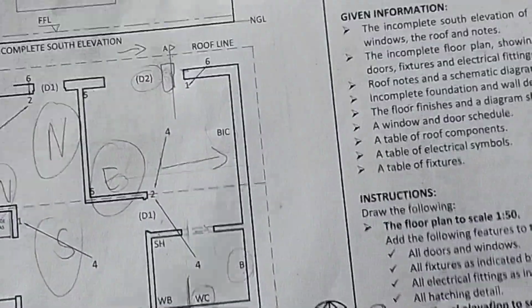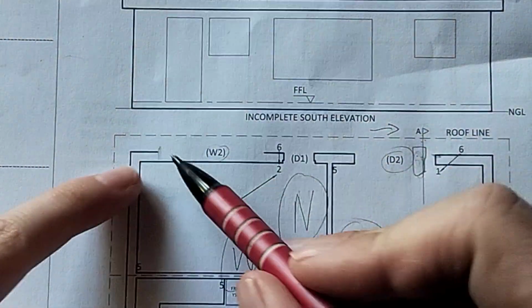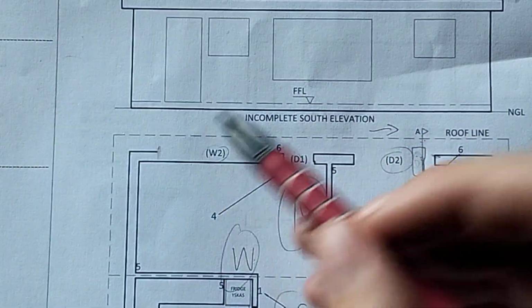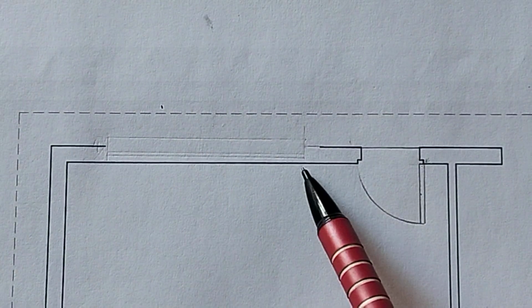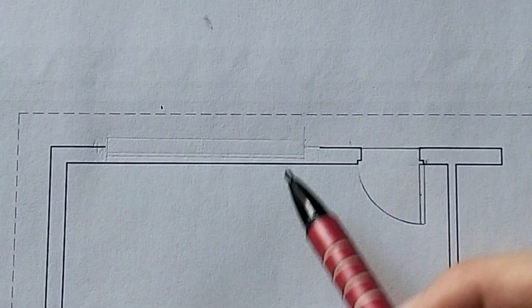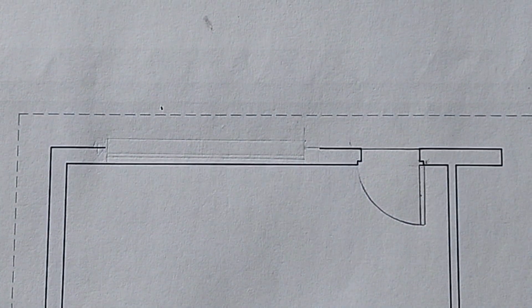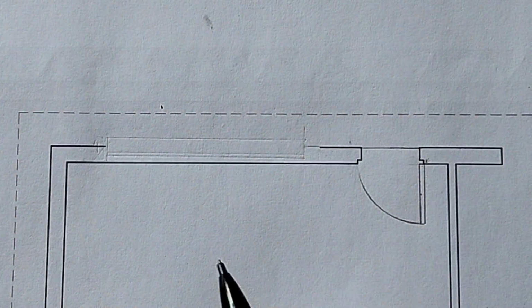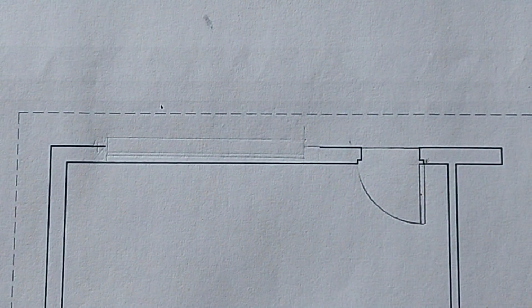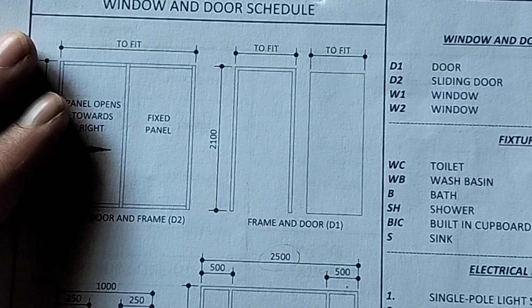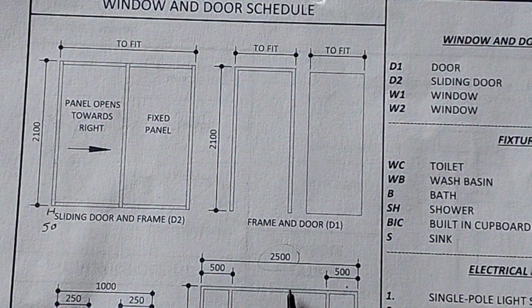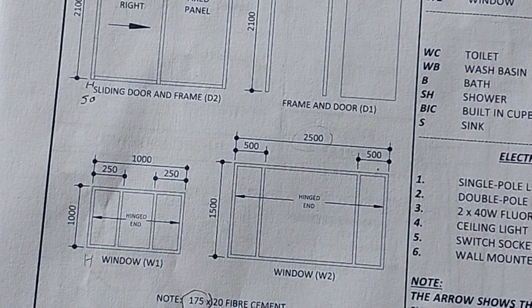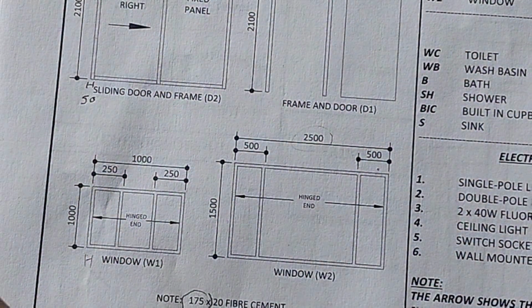I just want to say again that the space they give you in your floor plan, so this is a space for window 2, this space will always be more than the window size will be. So they want you to go and look what is the size of the window. So go and look at window 2, and then you'll see that the dimension for that is 2500.